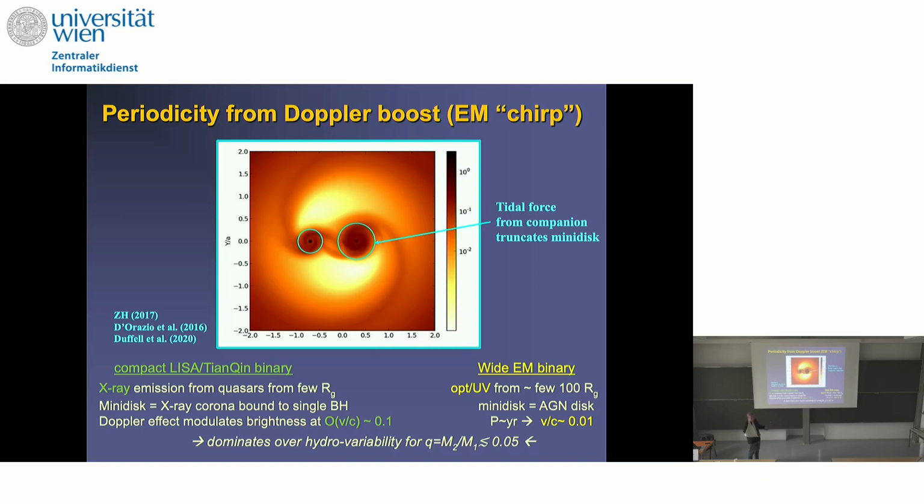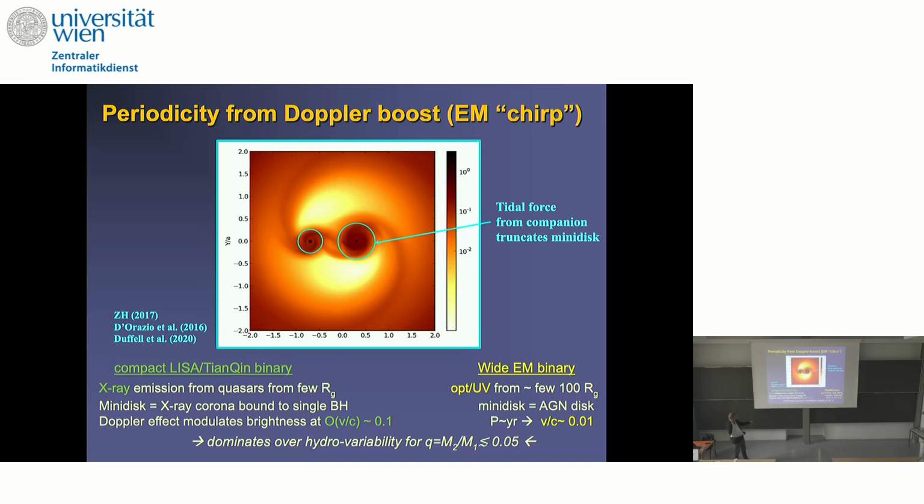The Doppler modulation is a first-order effect in special relativity. It goes like v over c. So you should have few percent sinusoidal or radial velocity modulations in your light curves. The emission in the optical comes from order 100 Schwarzschild radii, so they also just fit in these regions, traveling with the black hole.